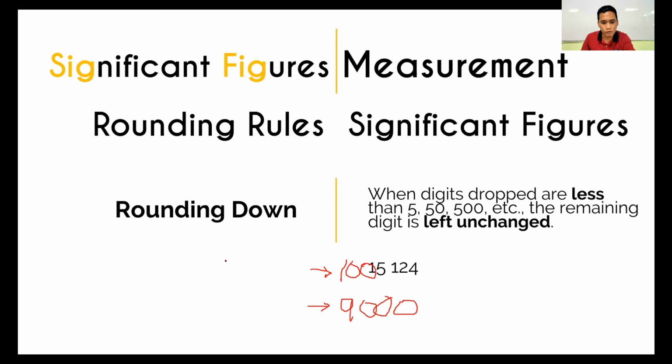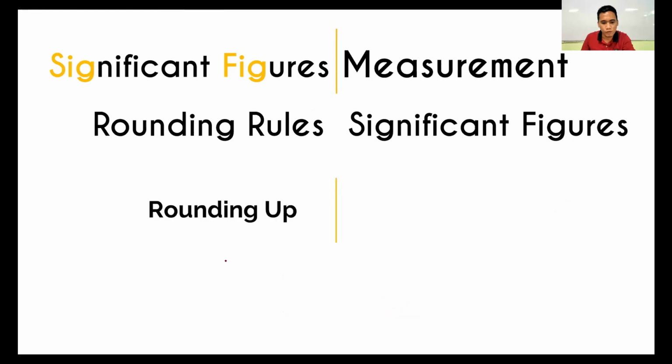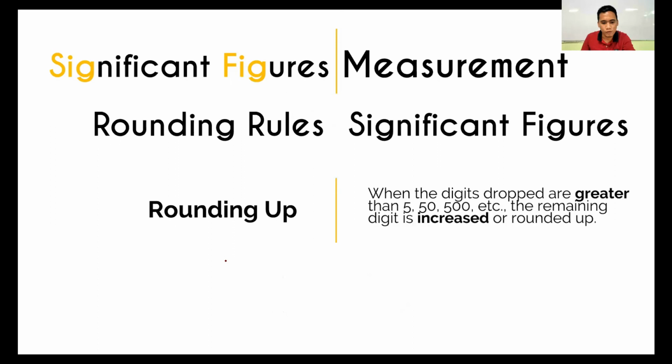For rounding up, if it is equal to or greater than 5, like 6, 7, 8, and 9, you round up, or you increase it by 1. For example, 189 rounded to its nearest hundreds.